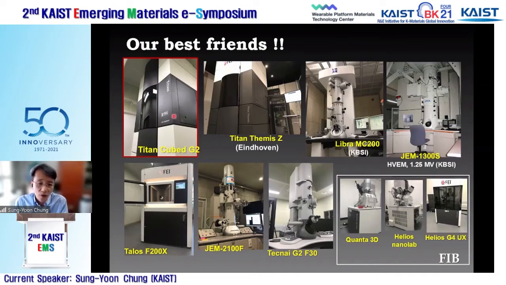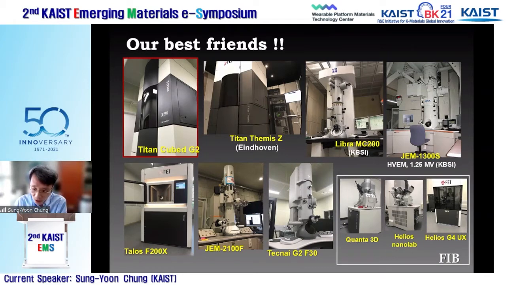We also use a different type of Titan in Eindhoven in Holland. This is another one with imaging correction. This is not STEM, just TEM. The Vibra is another type of TEM we have been using for a long time. This is a high voltage TEM, with an acceleration voltage of more than 1 megavolt, so it is very efficient for high temperature in situ TEM.